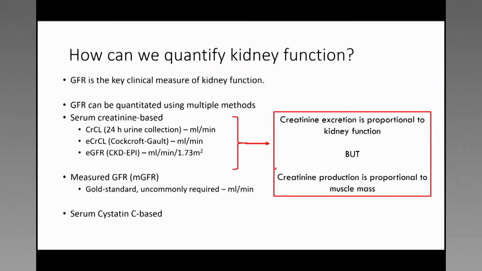For example, if you've had an amputation or you're in a wheelchair, so you have what's called disuse atrophy of the muscles, particularly in the legs, then because you've got a lower muscle mass, you're going to have a lower production of creatinine. And so many of these formulas will be wrong.